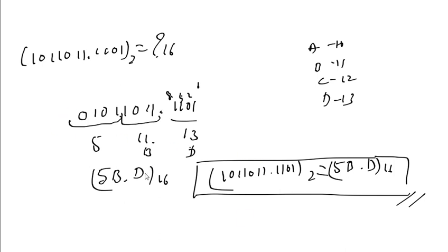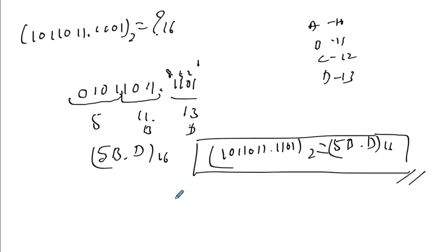Now I'll give you one or two more examples to calculate from binary to hexadecimal. Take the heading as binary to hexadecimal number.